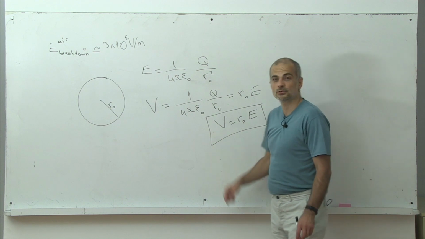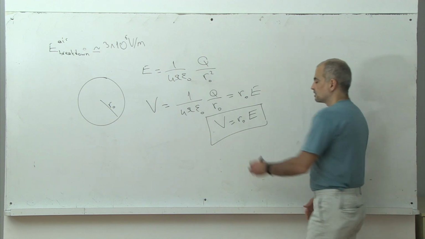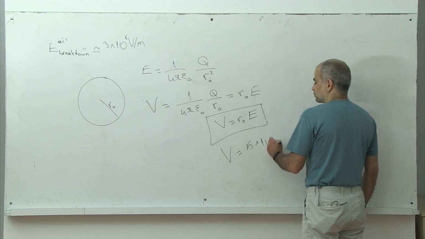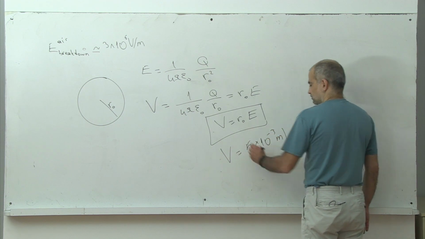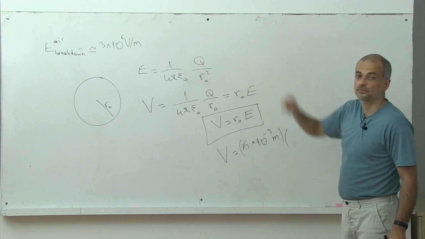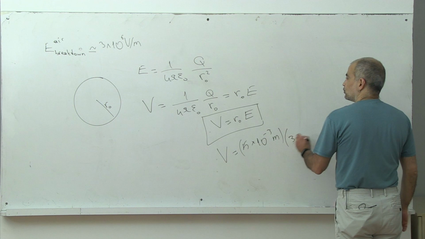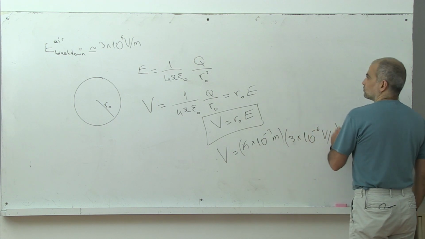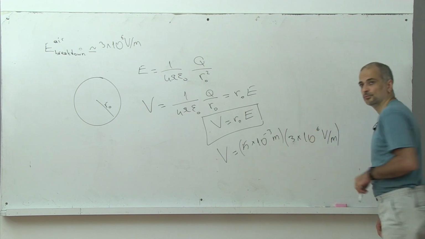And for a sphere of radius 5 millimeters, this breakdown voltage will be 5 times 10 to the power minus 3 meters multiplied by the breakdown electric field for air, which is 3 times 10 to the power plus 6 volts per meter.